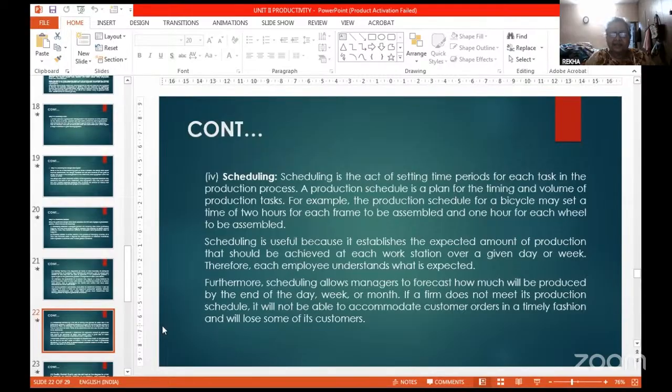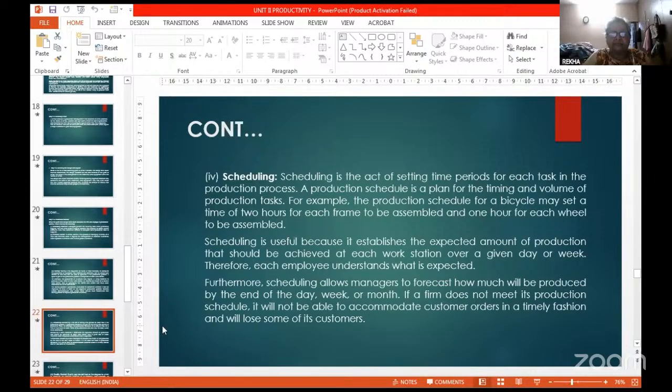This is just an example, I'm not saying it exactly like 1 hour, but this is how you plan, and then you keep on monitoring so that you are working according to plan. And if something goes wrong, you can take immediate action to rectify.